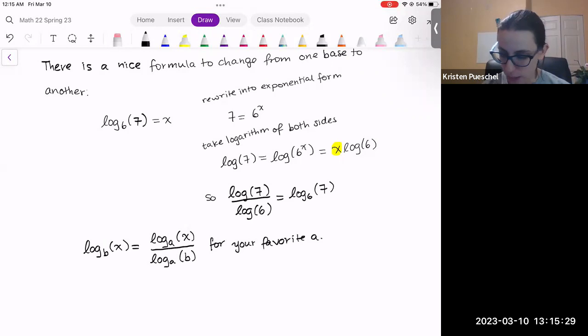So in our case, we did it with a equals 10. That's usually plenty. But if for some reason you wanted to use a different base, that would be fine as well. Okay, let's try this out.